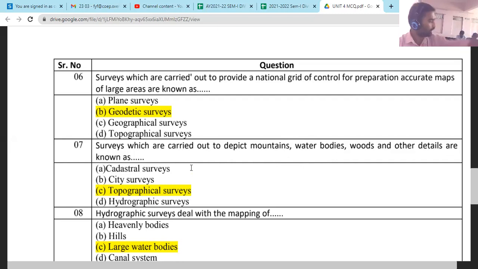Okay, so write this down also. Surveys which are carried out to depict mountains, water bodies, woods, meaning forest area, and other details are known as topographic surveys.